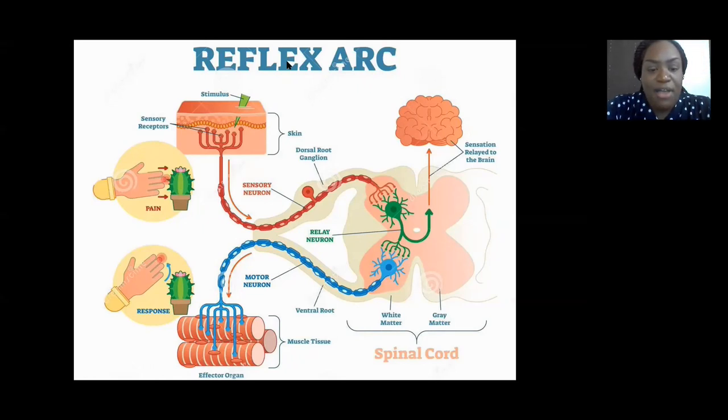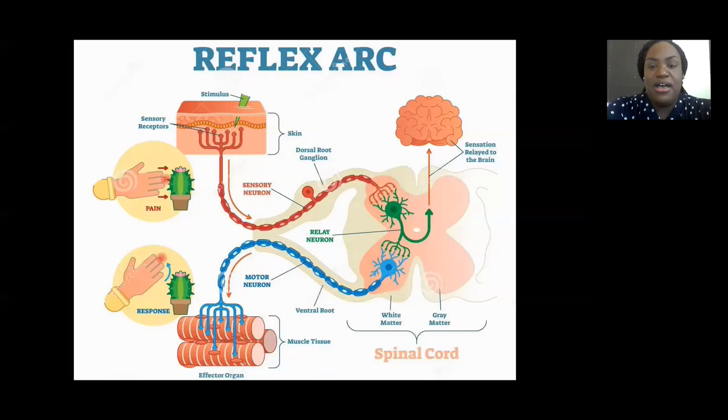Okay, Latara, I'm going to need you to ask your question that you want me to go over. What is the ventral root and what does it do? Okay, so the ventral root is simply the location of the spinal nerve.